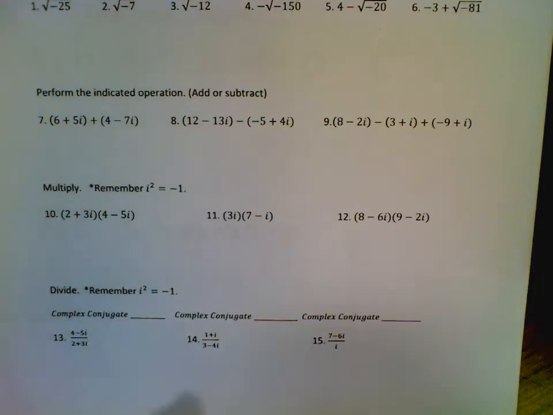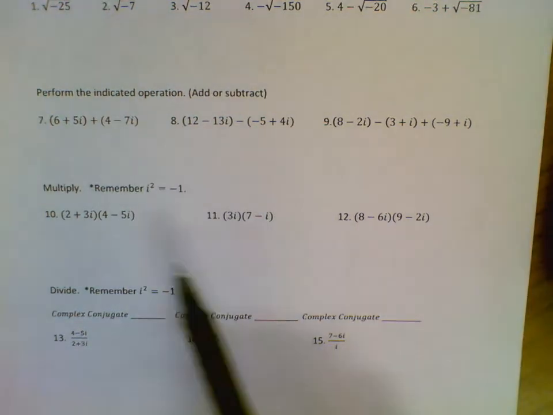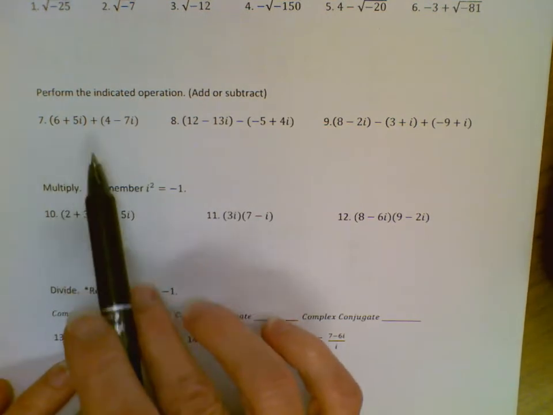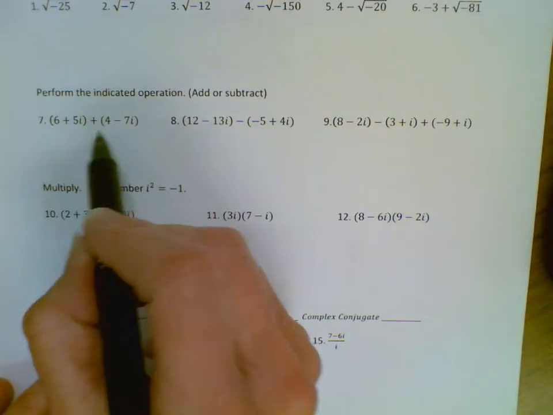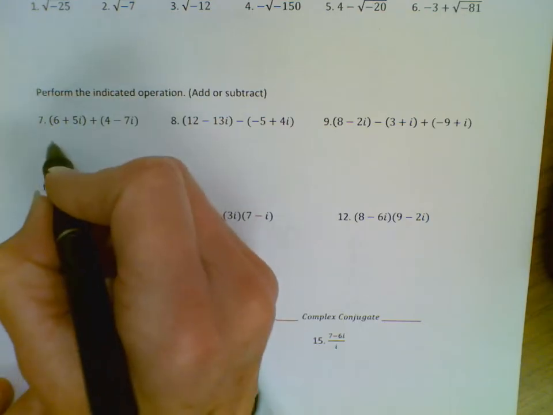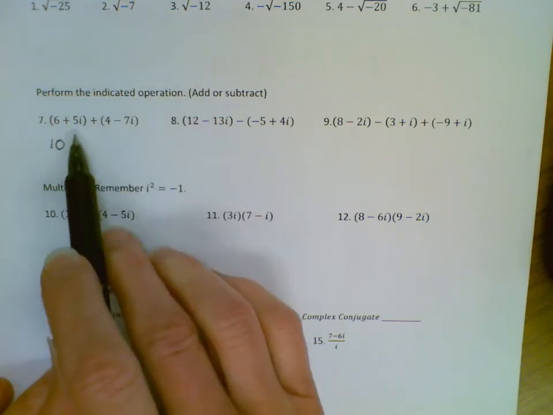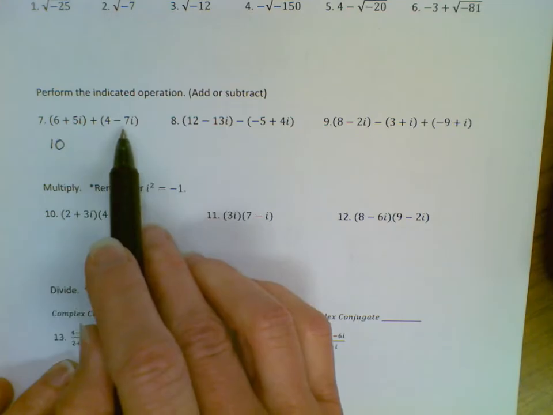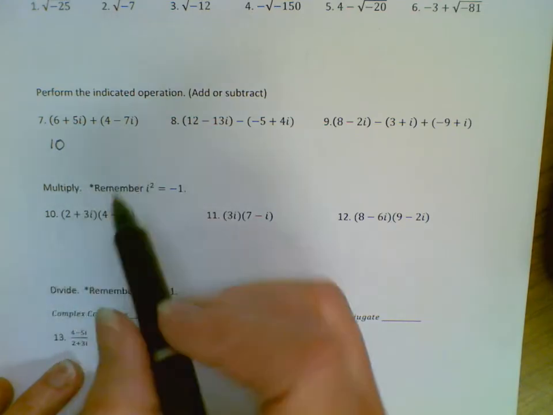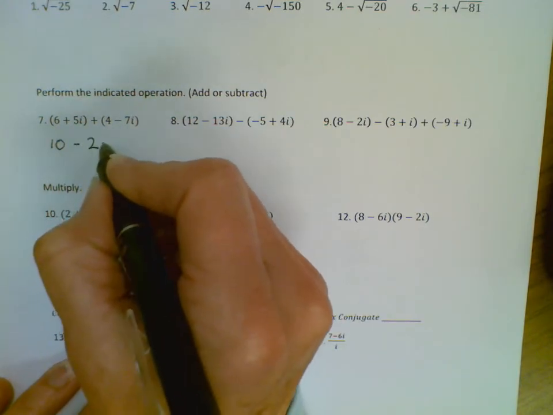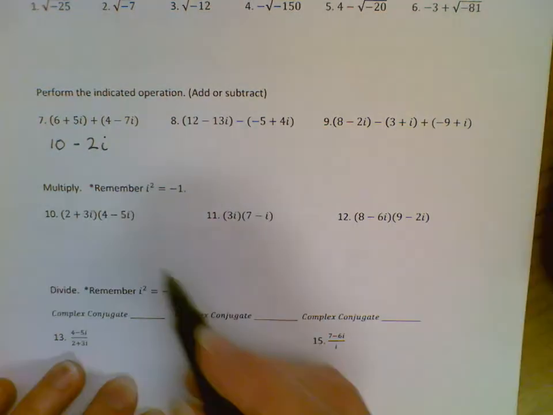So I'm just going to go through these examples. This first one is just addition. My real parts are the 6 and the 4. So 6 plus 4 is 10. And my imaginary parts are 5i and -7i. So 5 minus 7 is -2i. And that's as simple as I can get it.